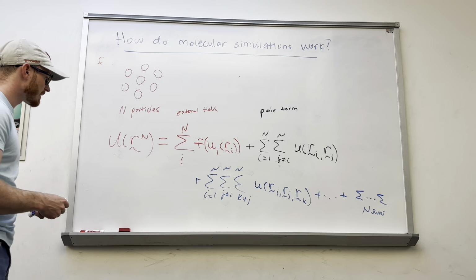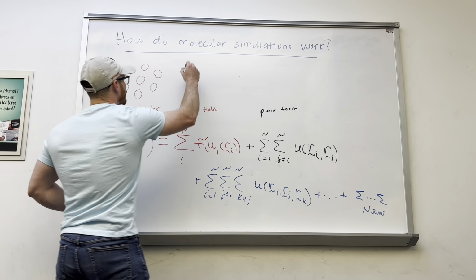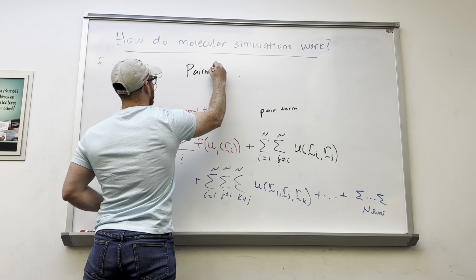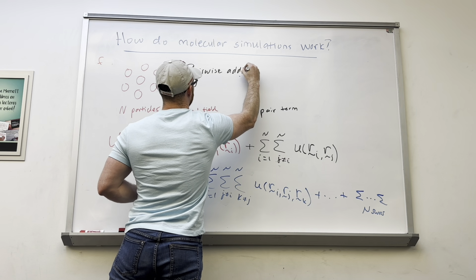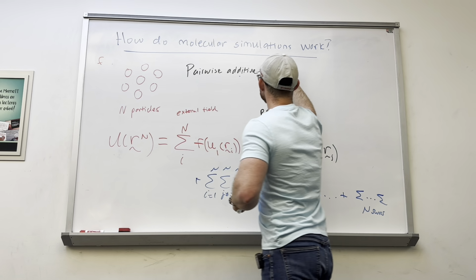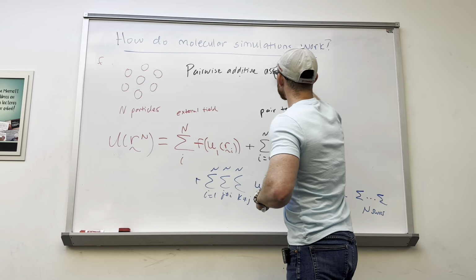Now what the pairwise additive assumption is, is that we can take all of these higher order terms, all of these extra terms, and we can actually collapse them down into this term, into a pairwise term. Now, of course, this is an approximation because we're losing information about these many body interactions, but what we're gaining is computational simplicity.